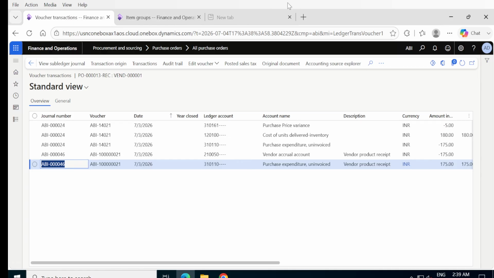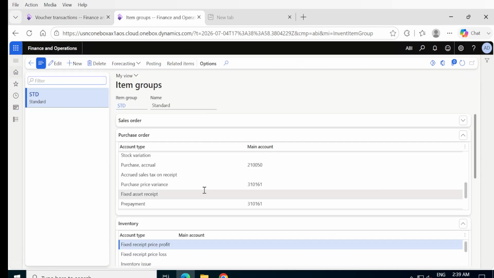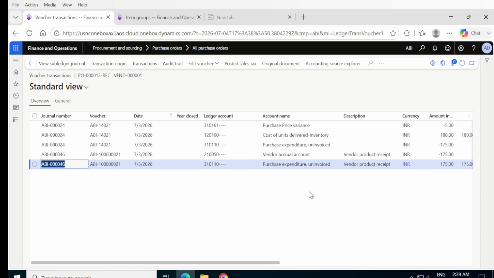As long as you create the item group setup correctly, automatically when you do a posting, these accounts get created by FnO. Okay, I hope this example was simple, and you were able to understand this, and how to tie back to the accounting basics that I showed you in my previous session.